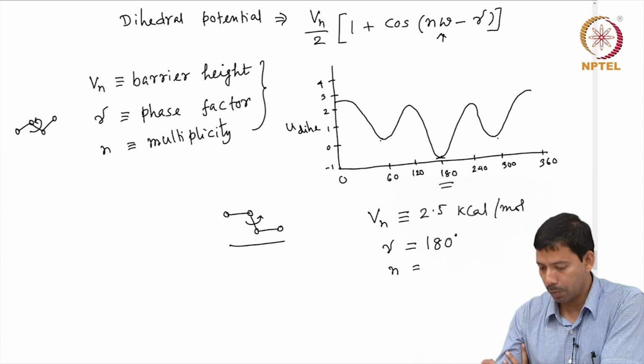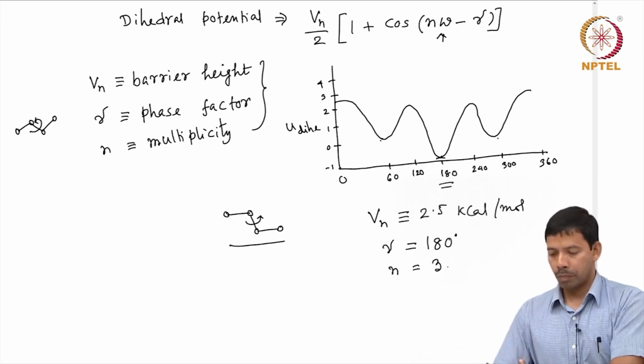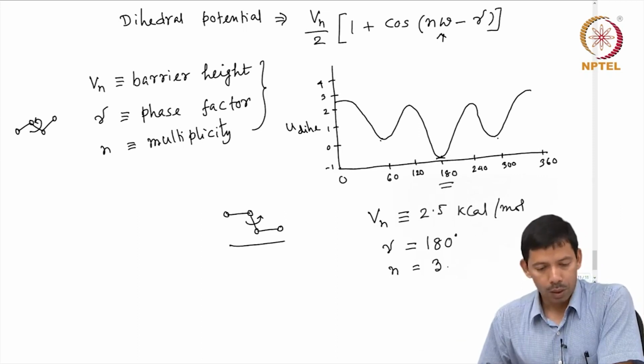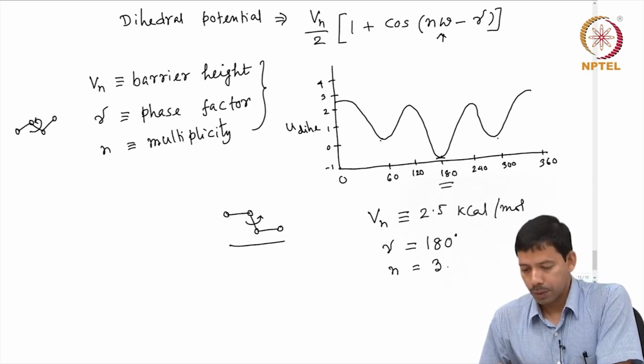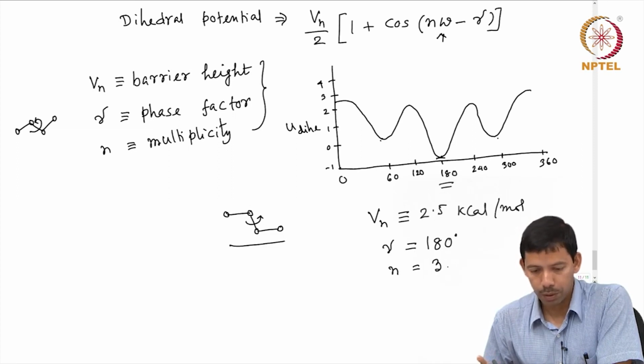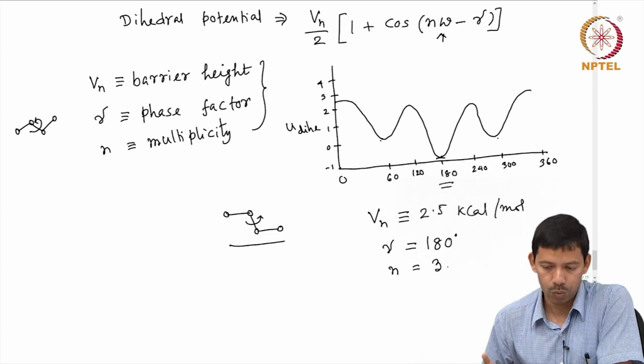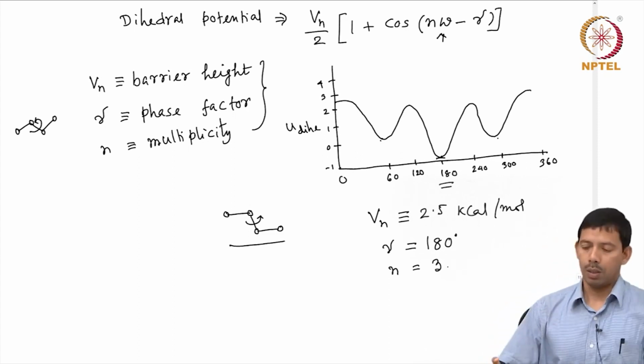So here I have 1 minimum, 2 minima, and 3 minima, so n is 3. So this is the dihedral potential, and this is an intramolecular property one has to include to make the model of a molecular system.